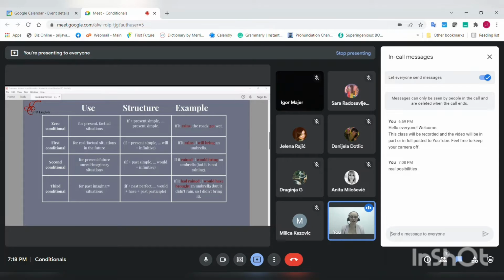We are using if and then past perfect. This means had done something. Okay, had plus past participle. And then in the second clause, there is would plus have plus past participle. For example, you can see my example here. If it had rained, I would have brought an umbrella.